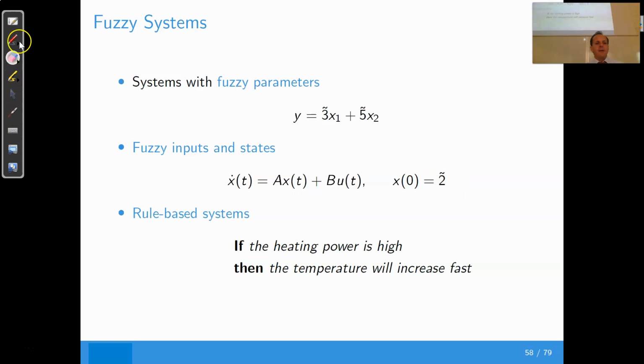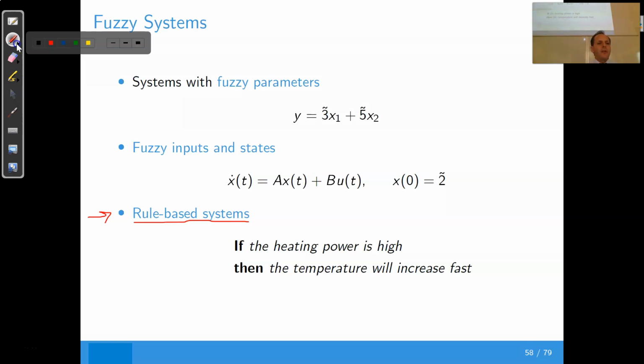But in our case, we are using this one, a rule-based system. A rule-based system is the most used fuzzy system or fuzzy description because it is very close to our description or interpretation of a phenomenon.